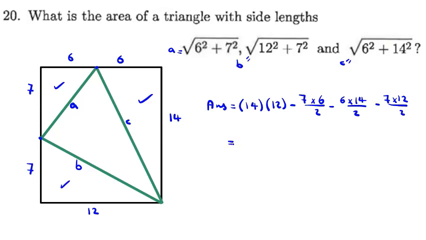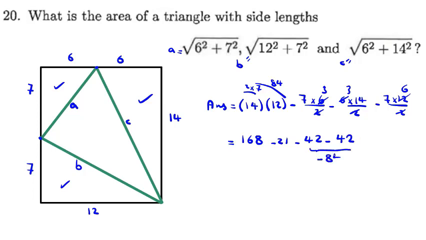We've subtracted this one, so it will be what? 14 times 12 is 168. Then we simplify: minus 21, minus 42, minus 42 again. So the area of this triangle and the answer of this problem equals 63.